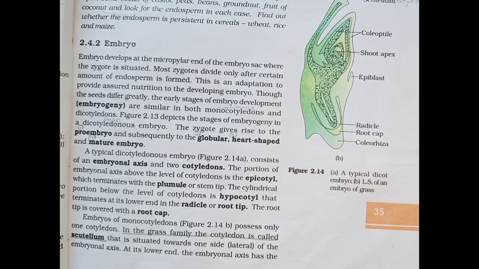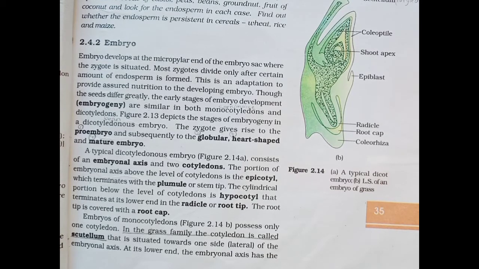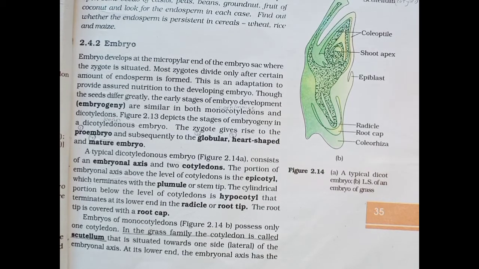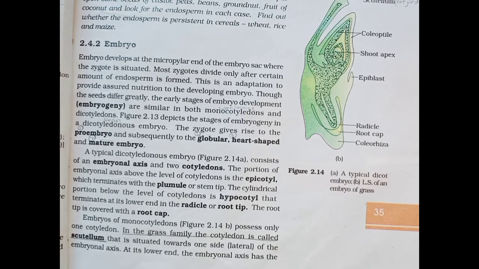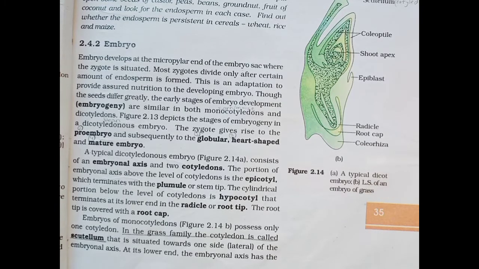Though the seeds differ greatly, the early stages of embryo development, embryogeny, are similar in both monocotyledons and dicotyledons. For example, you can see monocotyledons in corn, and dicotyledons in beans.